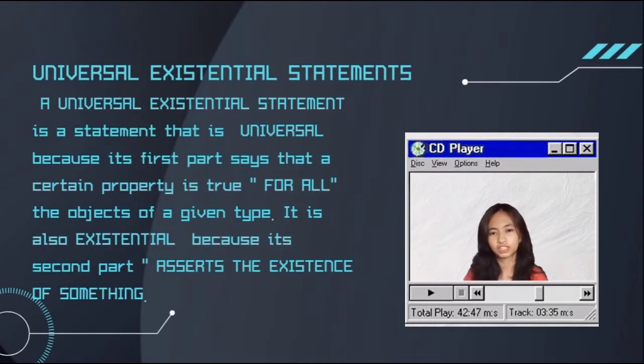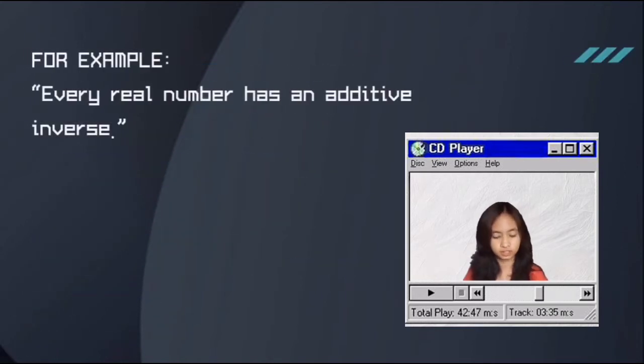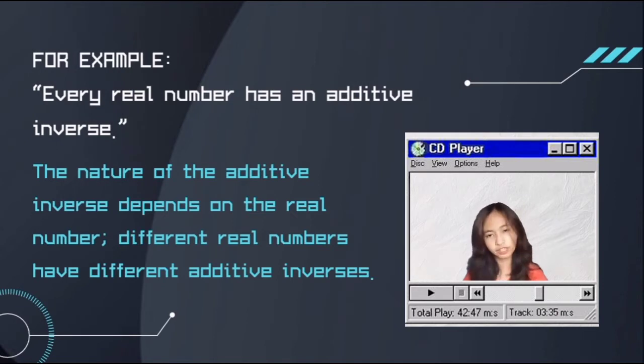The second combination is the universal existential statement. The universal existential statement is universal because its first part says that a certain property is true for all the objects of a given type, and it is existential because its second part asserts the existence of something. For example, every real number has an additive inverse.